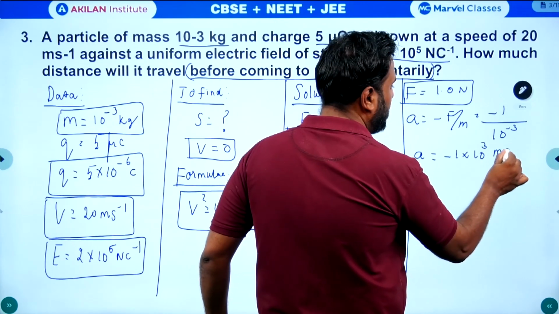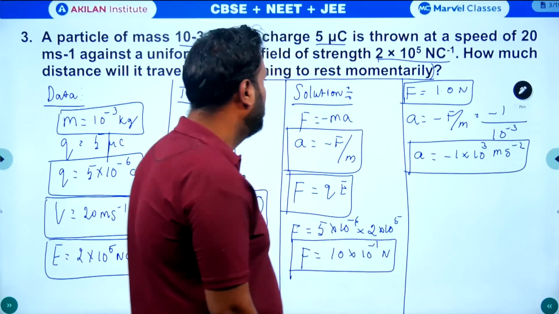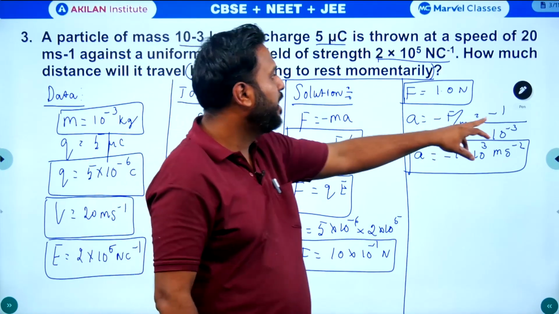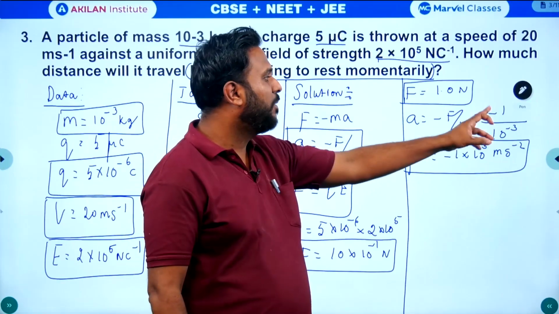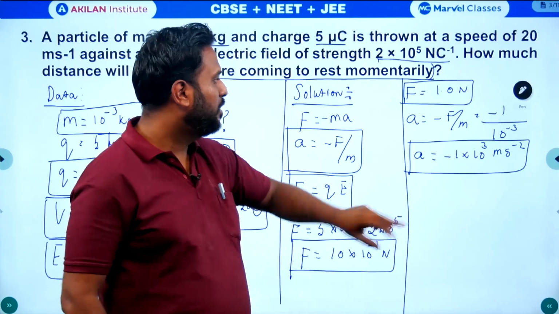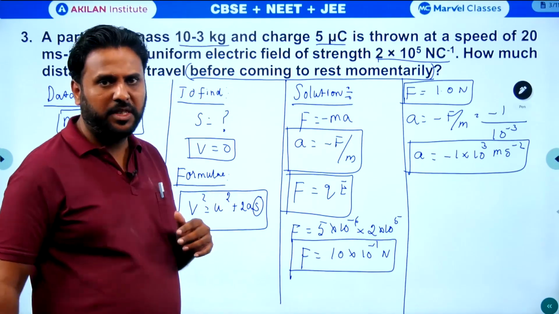The unit of acceleration is m s inverse 2, the SI unit of acceleration. As per the formula I am putting minus 1, and the mass 10 to the power minus 3 goes upward and becomes 10 to the power plus 3. This is the acceleration. Force found, acceleration found, then we can go for the equation.